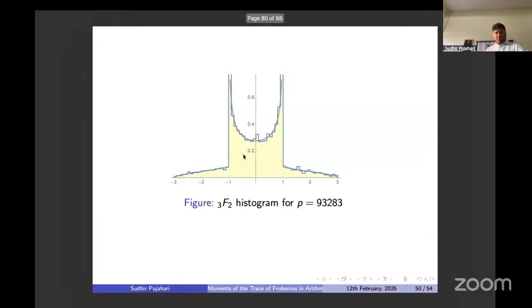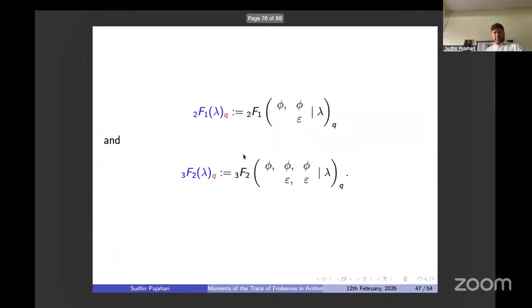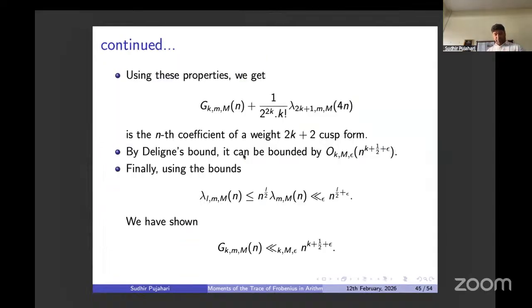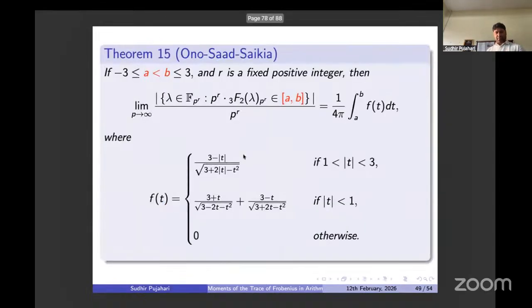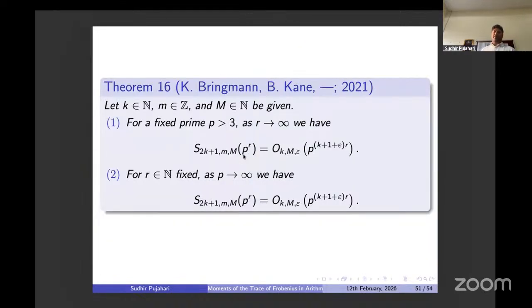So I'm going to come back to this, but to conclude, in our setting, sorry, I'm going backward. We have to discuss the odd moment, because so far we have shown that for the even moment of the trace of Frobenius with that congruence condition, the main term is the Catalan number.